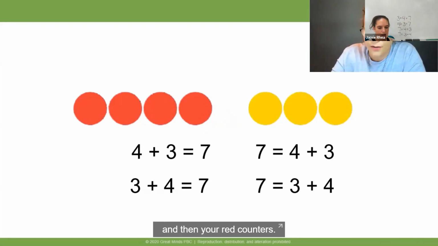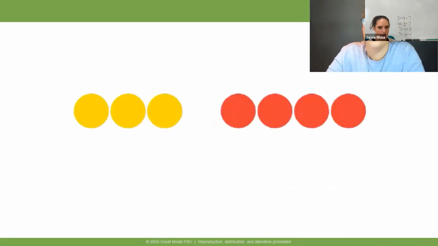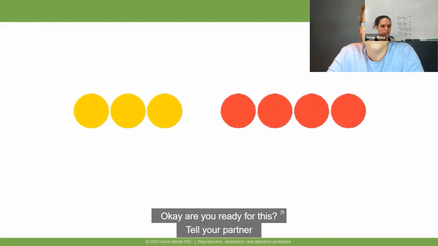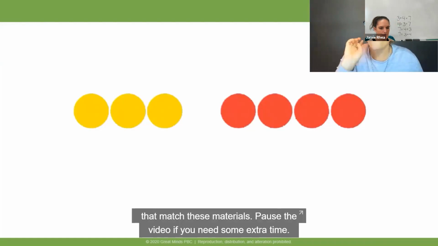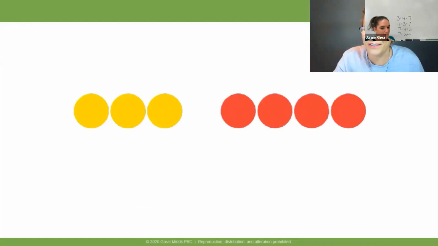Now, switch your counters so that your yellow counters are first and then your red counters. Flip it that way, match it, there we go. You ready for this? Tell your partner, or you can say it out loud to me, 4 number sentences that match these materials.